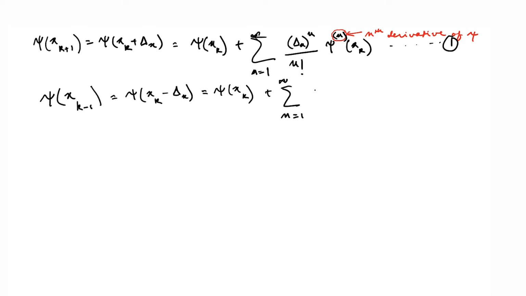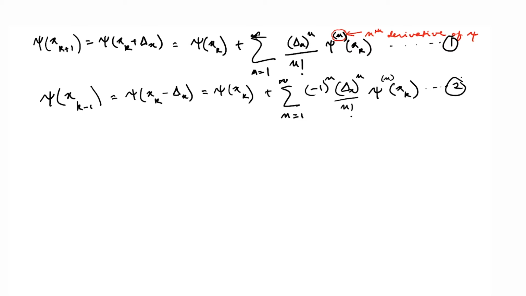The additional term which we have is minus 1 to the power n, and then the rest are again the same: delta x to the power n by n factorial, psi n at x k. This is my equation 2.